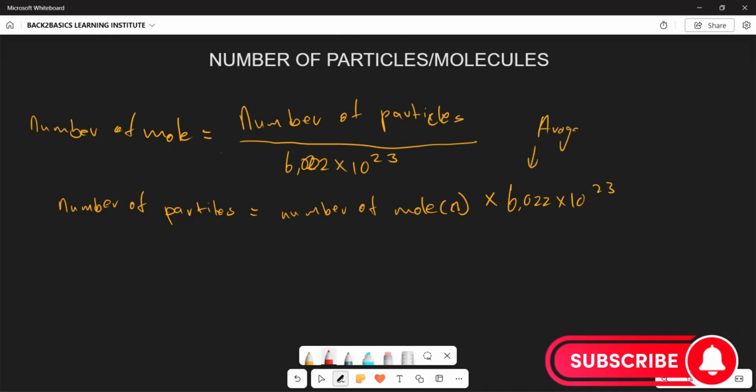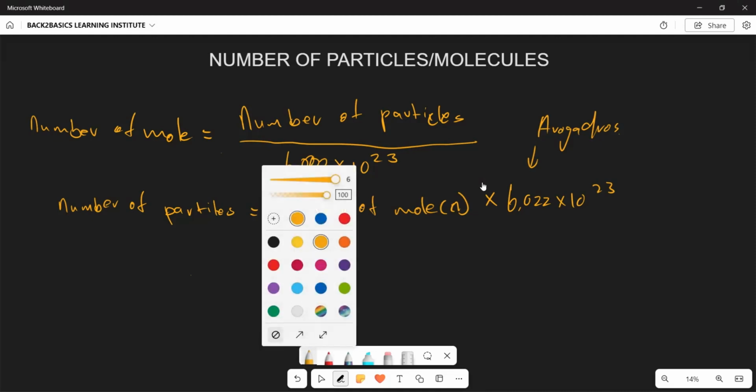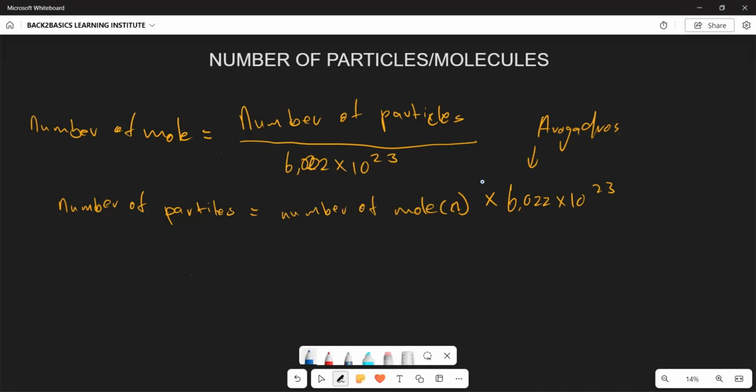So that is what we are going to use, and this is going to be your formula for calculating this. The formula that you are given here is n equals N, the number of particles, over Na, your Avogadro's constant, which is this particular value. And for you to calculate your number of particles, you say N equals n multiplied by your Avogadro's constant.